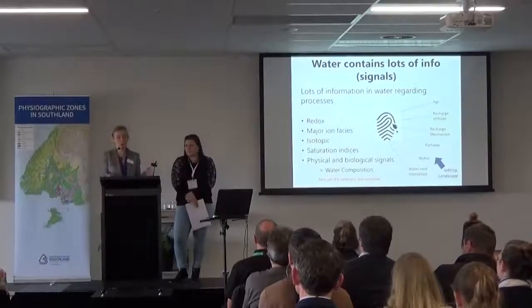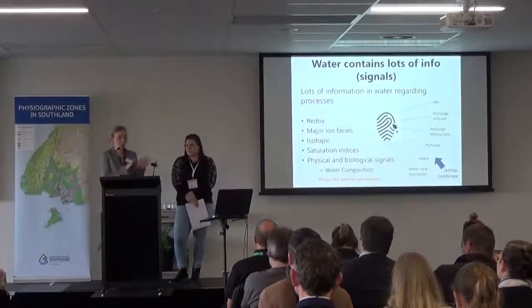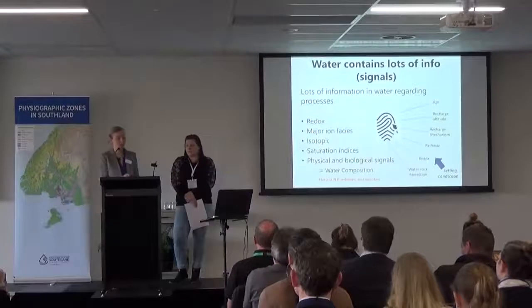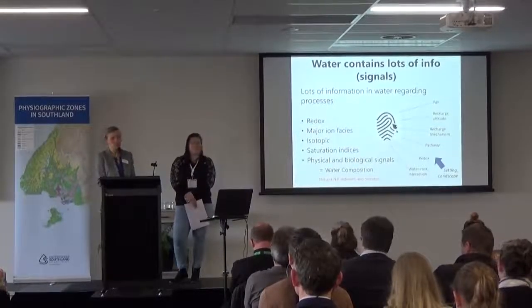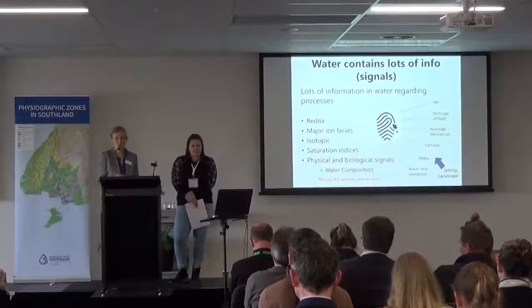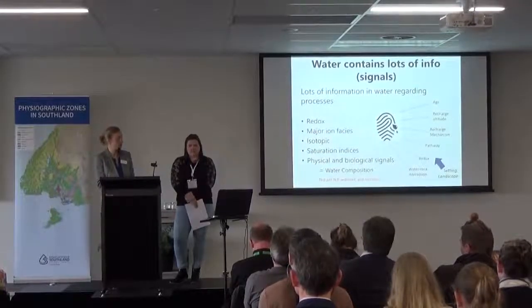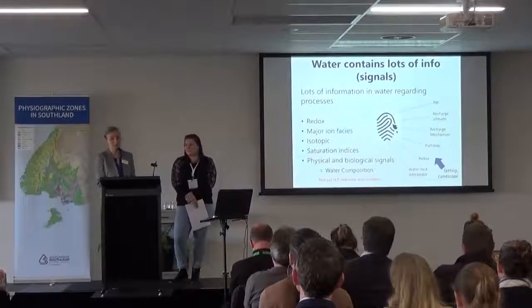So not just water quality, but really it was all about water composition. The whole set contains information on things such as whether the water has undergone any redox reactions, so denitrification, the pathway it undertook, its recharge mechanism, etc.